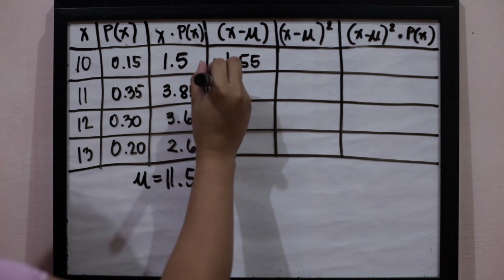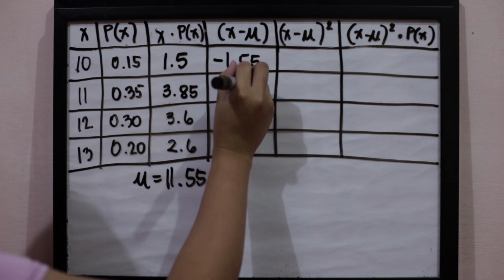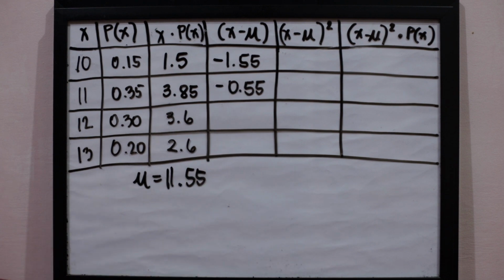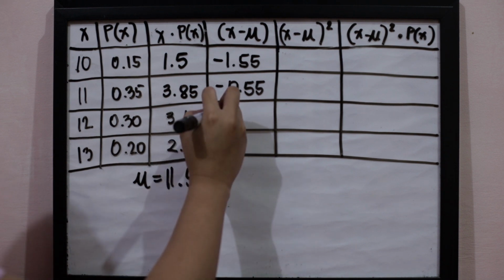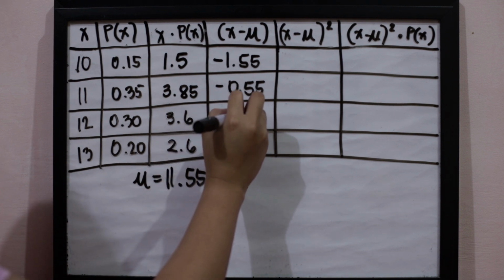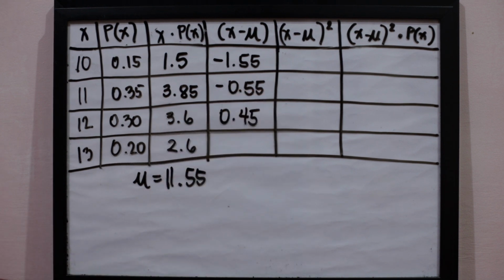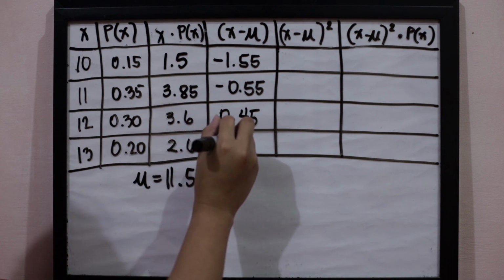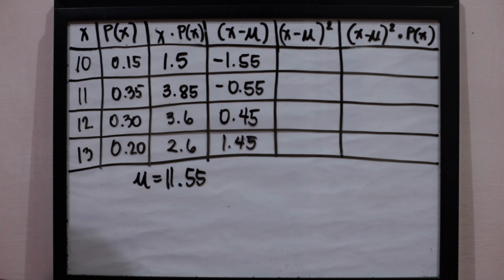The answer is negative 0.55. Tapos po ay 12 minus 11.55. The answer is 0.45. Tapos, 13 minus 11.55. The answer is 1.45. And then, we just square those numbers.